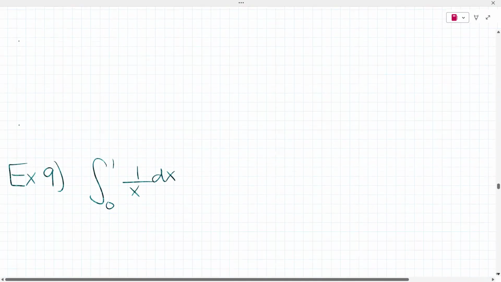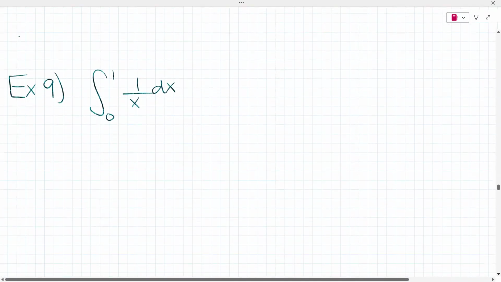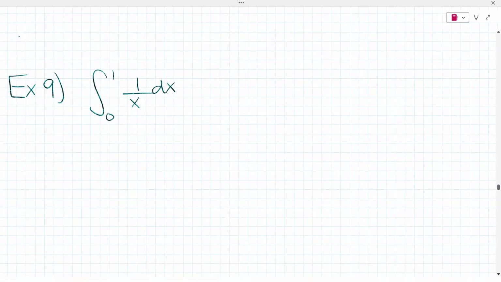Example 9 says we have to take the integral from 0 to 1 of 1 over x dx. So is this even improper? No, this is not improper, right? So we're not going to use our special improper integral rules. I wanted to go over this one because it's dealing with discontinuity.